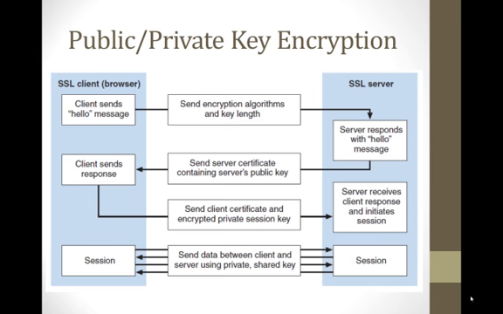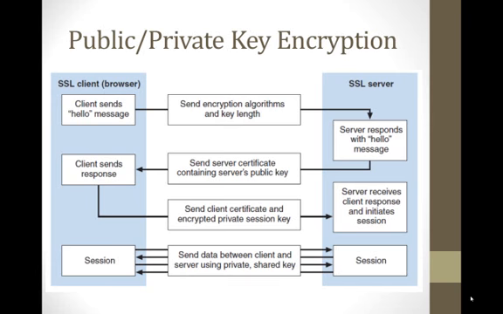I send a message to Discover Card saying, "Hello, I want to see some stuff." And basically it says send encryption algorithm key length. And that's the first message I send to Discover Card. Discover Card responds with the hello message and sends a server certificate containing the server's public key.